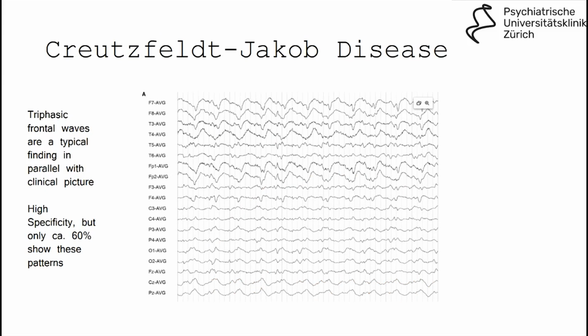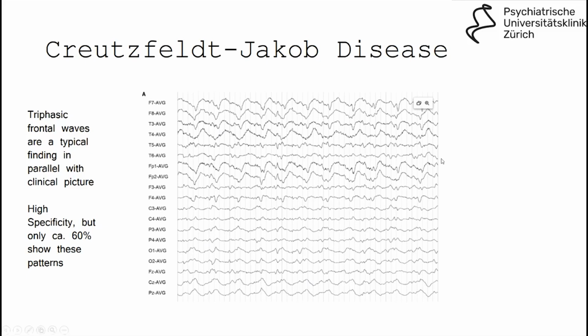This sometimes resembles the picture we see in fast evolving dementia. So an EEG here could help because Creutzfeldt-Jakob disease has these typical triphasic frontal waves. You see the triphasic 1, 2, 3, those large triphasic delta and theta activity in the brain, high amplitude.